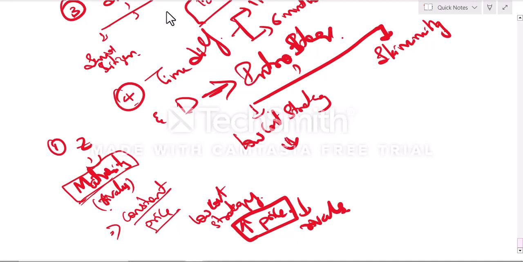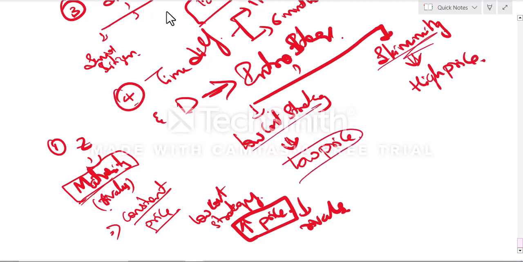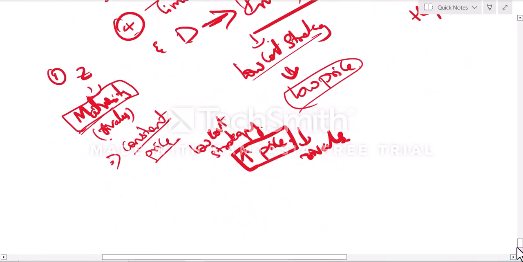So in low cost strategy we will anyway charge a low price when compared to anyone in the market. But if we are using a skimming strategy, we need to charge high price. Okay, based on strategies, we need to charge the price. Okay, so that's the end of the question.